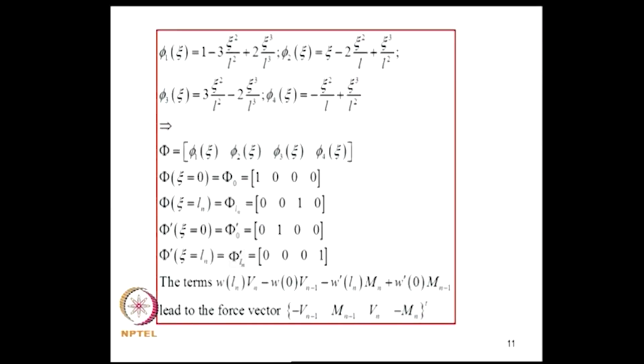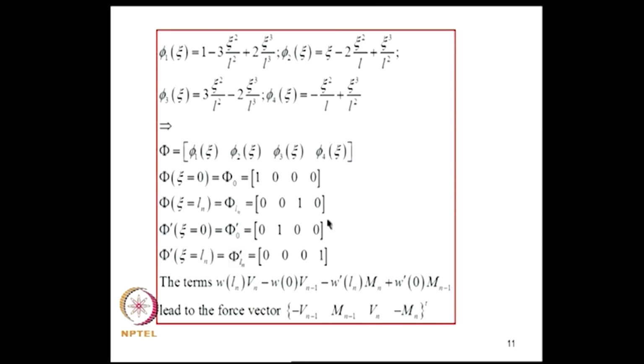Now I use capital phi to denote the trial functions. It is 1 row and 4 columns here, and at xi equal to 0 it is given by this, and at xi equal to Ln this is given by this, and similarly phi dash at xi equal to 0 and xi equal to Ln are given by this.